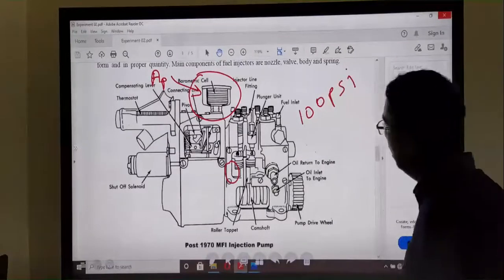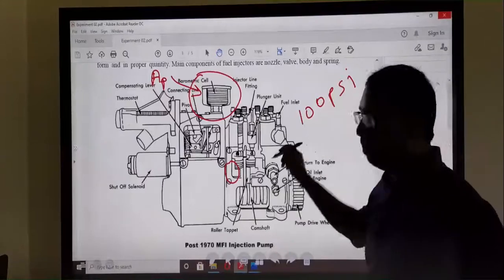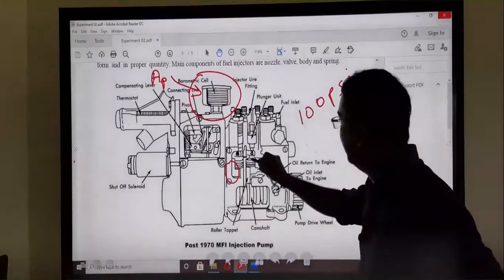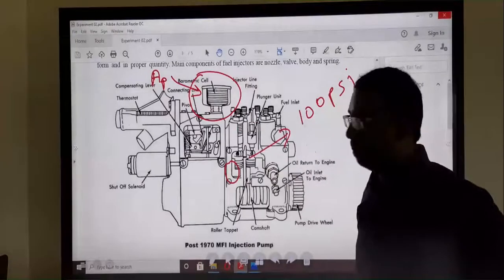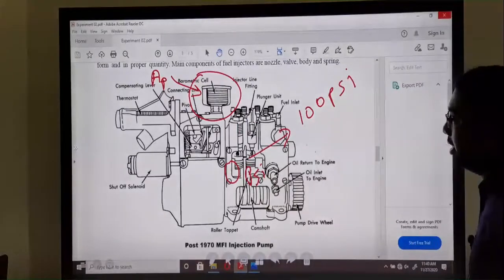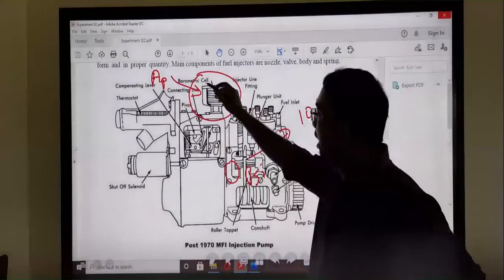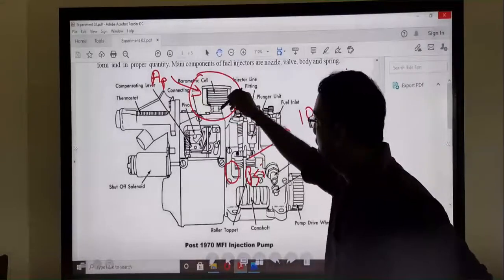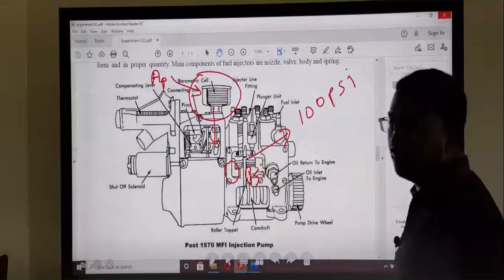So the pump needs to work to achieve this 100 psi from 0 psi, because there is no pressure. But this type of barometric cell connects the atmospheric pressure to the inside of the pump.